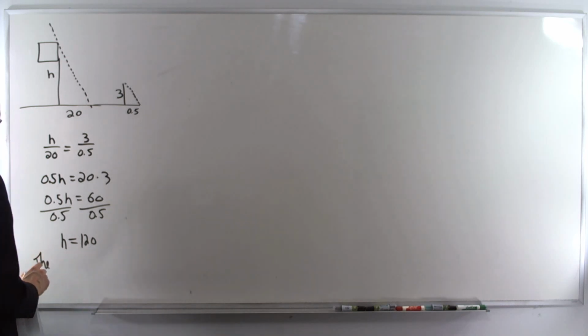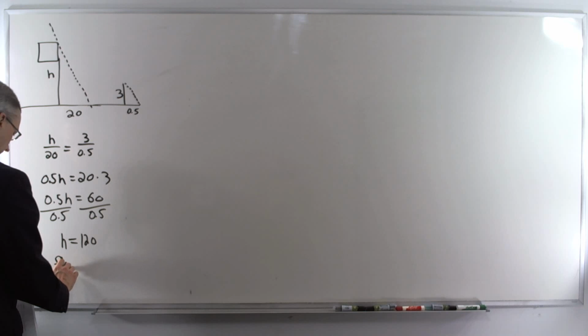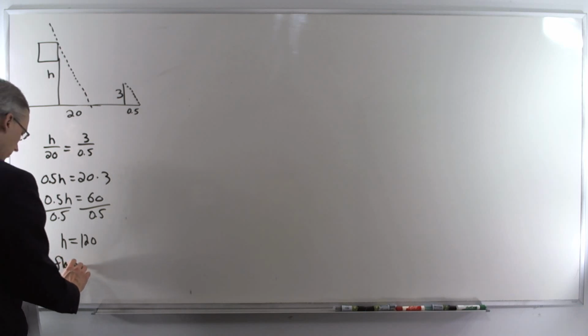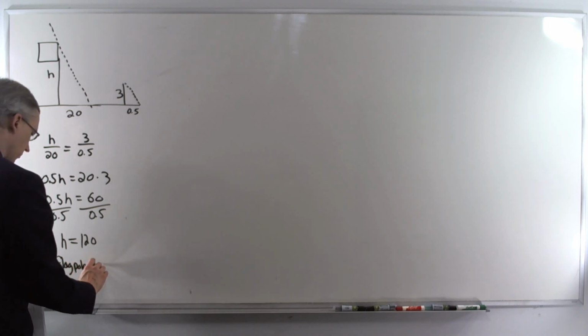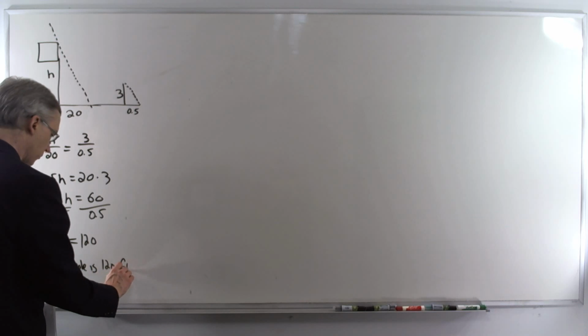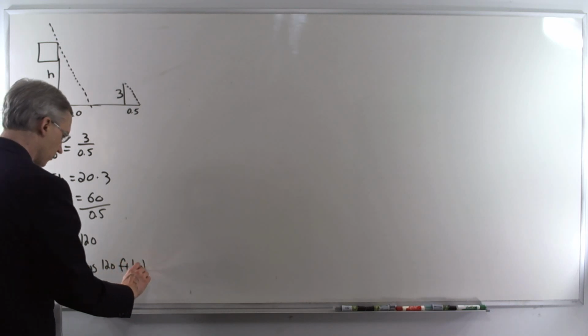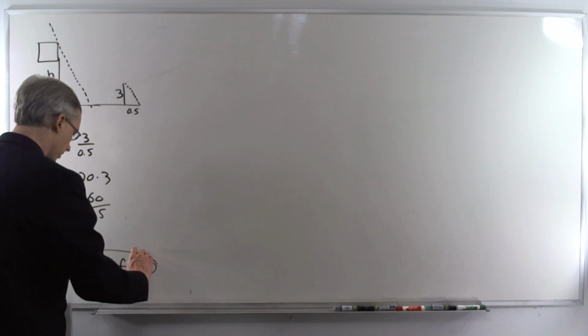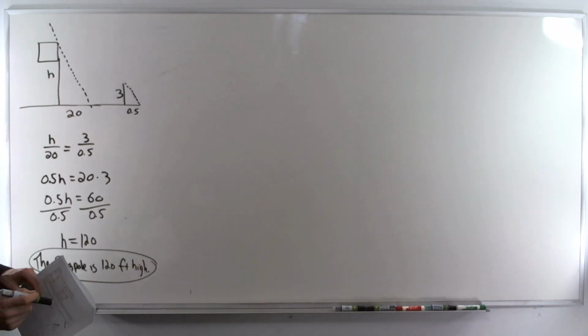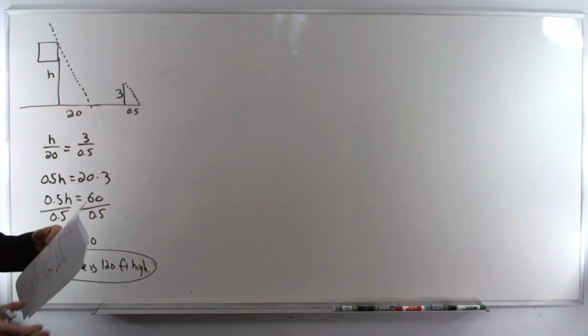Divide both sides by 0.5 and you get 120. The flagpole is 120 feet high. So that is a gigantic flagpole.